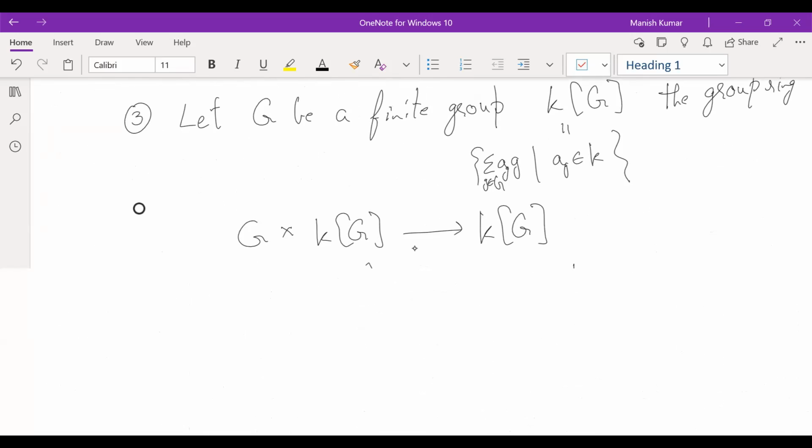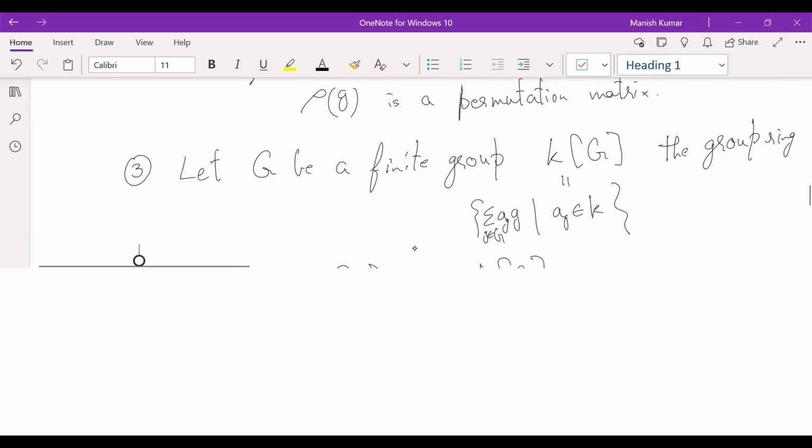If you take any particular element of G and consider the subspace generated by it, it's not going to be a trivial representation, because the group action is transitive on this. It comes from the group action of G on itself, and that action is transitive. So it won't lead to a trivial representation.